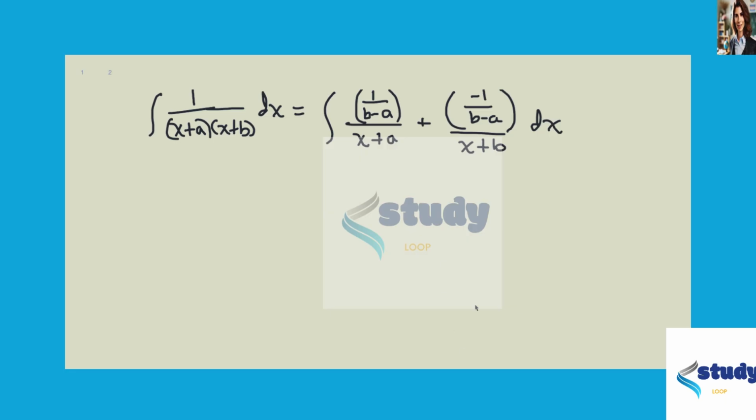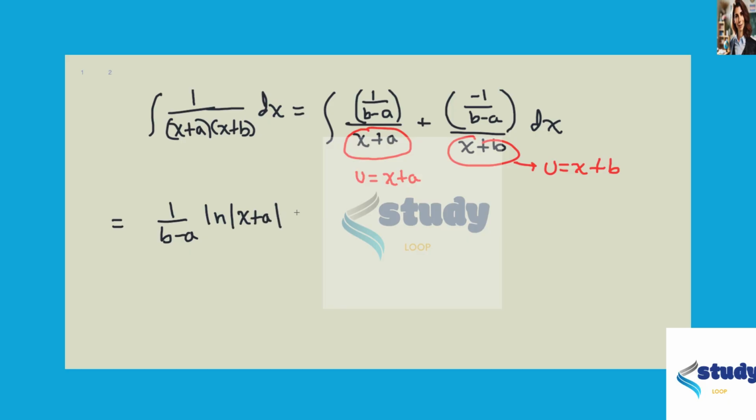And these terms are easier to integrate. On the first integral, it might help you to do a u sub, u equals x plus a. For the second one, you can go ahead and take u equals x plus b to integrate these, and when we integrate, we should have 1 over b minus a, natural log absolute value of u, or x plus a, and then we have minus 1 over b minus a for the next integral.